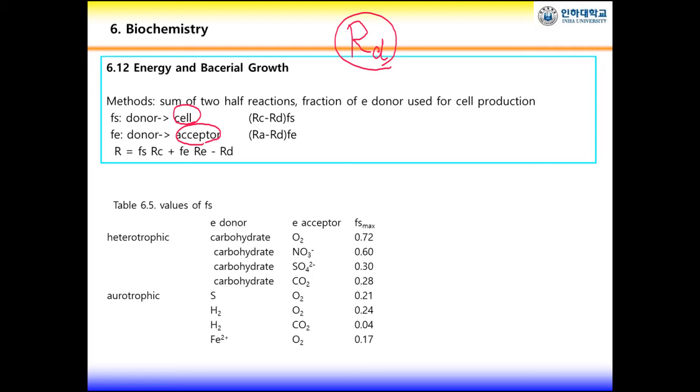So if about 20% of the electrons go for cell synthesis, then this is the complete reaction. Say we are assuming that all the electrons go for cell production. So the Rc minus Rd reaction assumes that all electrons are used for cell synthesis.